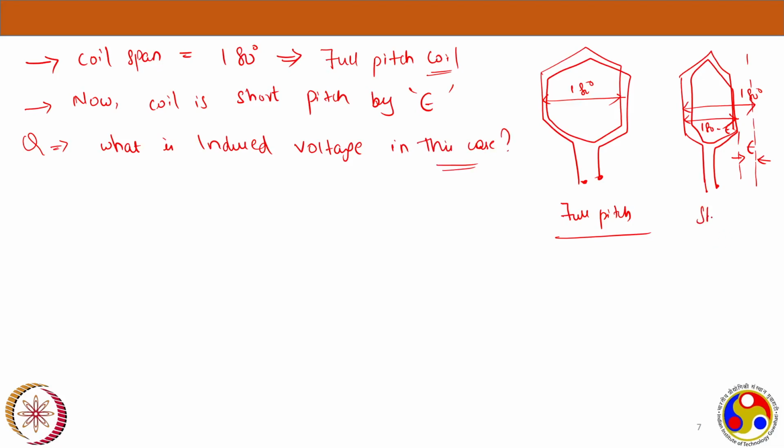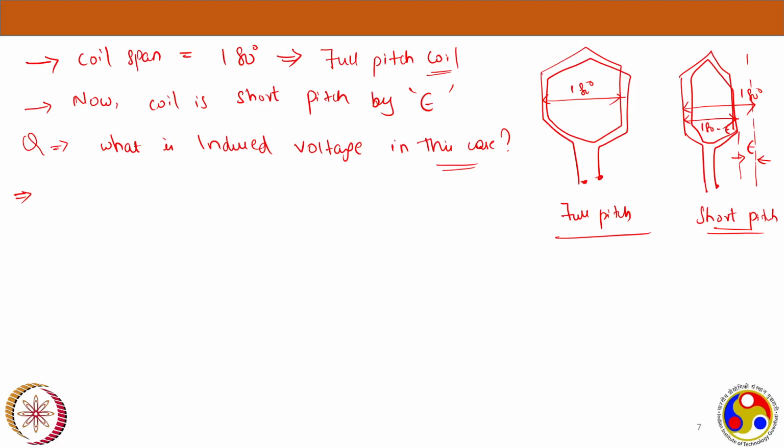Then definitely it is a short pitch coil. Now, if it is a full pitch coil, it's the same as concentrated and full pitch. If it's concentrated, it's just the addition of all the voltages because they are in the same phase. Now, if it is a full pitch, the angle is 180.